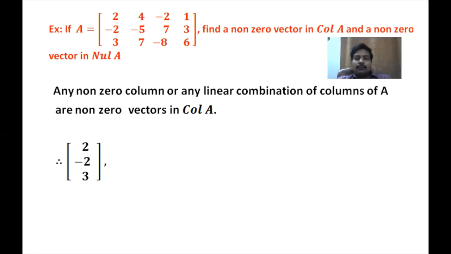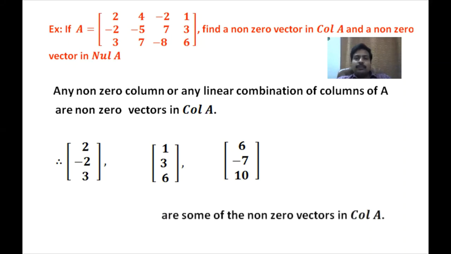Any non-zero column or any linear combination of columns of A are non-zero vectors in column space A. So this is an example for a non-zero vector, and this is another example, 1, 3, 6, and you can add any two. If you add the first two, you will get 6, minus 7, 10. In this manner, you can find any number of non-zero vectors in column space A. So to find a vector in column space A is very simple.